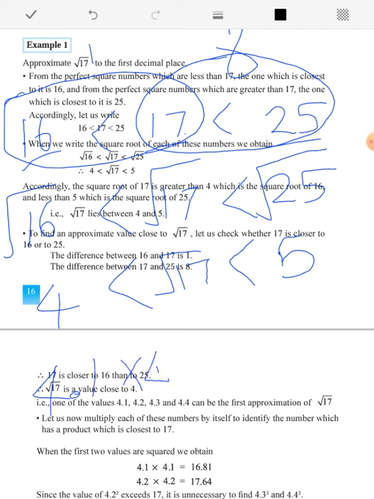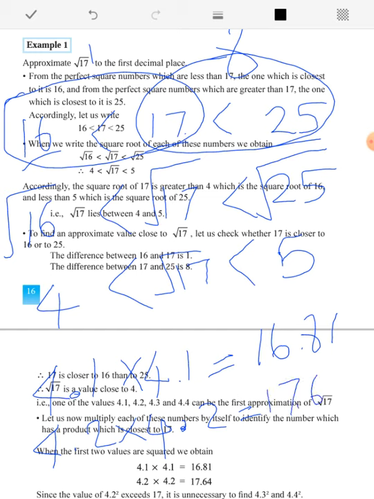Let's find the squares of 4.1. You would get 16.81. 4.2 times 4.2 is equal to 17.64. So 17 is in between these two, right?